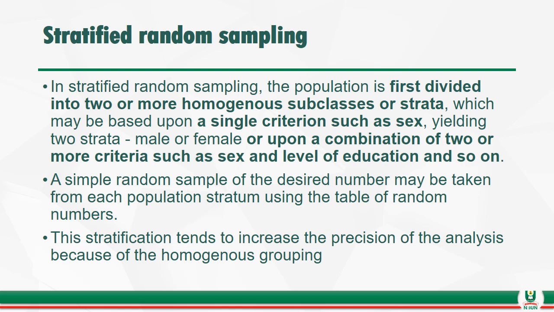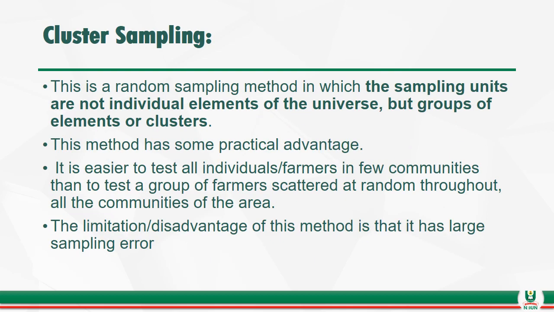A simple random sample of the desired number may be taken from each stratum using the table of random numbers. This stratification tends to increase the precision of the analysis because of the homogeneity.